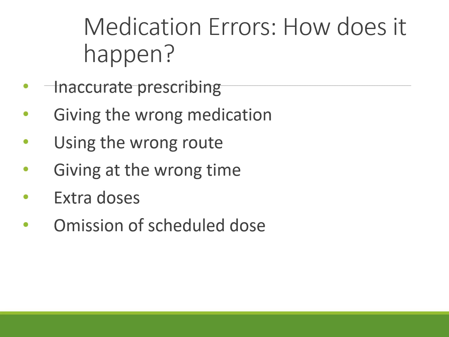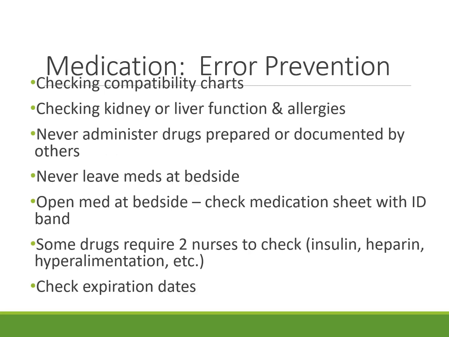Ang laki. Then, omission of scheduled doses, kasi sa sobrang dami ng pasyente, ay nakalimutan yung ibang dose. So, those are some of the common reasons why we nurses commit errors in medication.